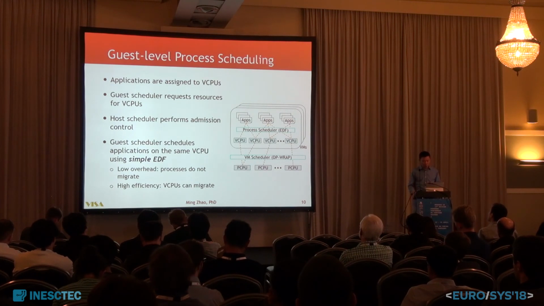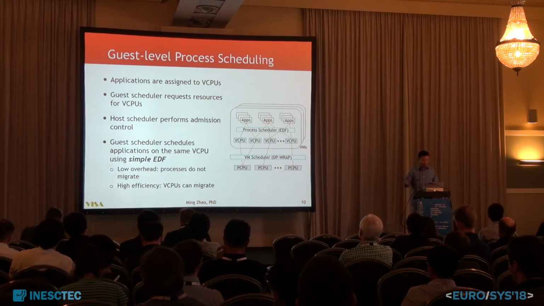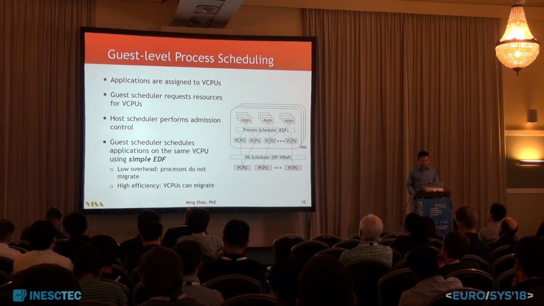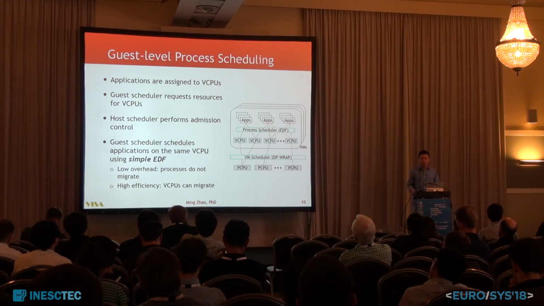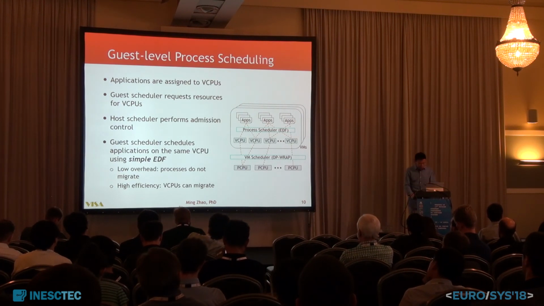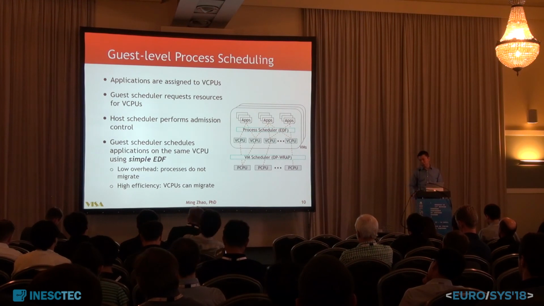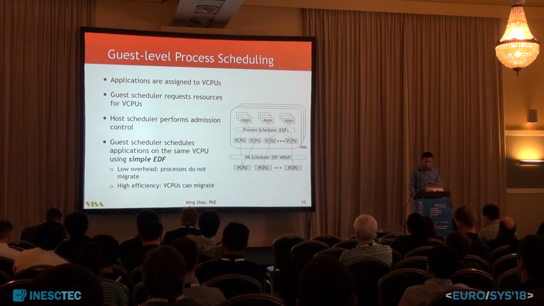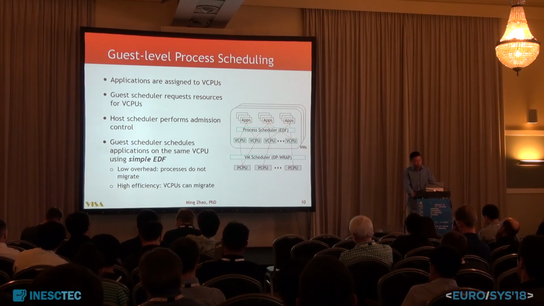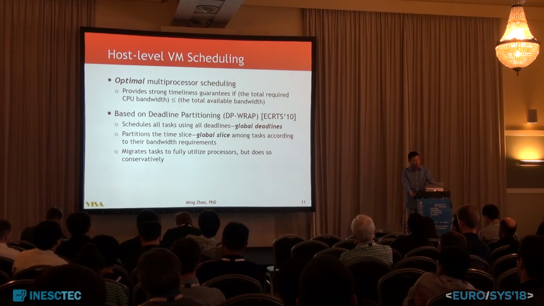So the processes are not allowed to migrate, and that is good for us because it makes it really easy to determine the bandwidth requirement of each vCPU. It also helps us avoid the overhead from process migration. But by doing this, we do not sacrifice resource efficiency because the vCPUs are allowed to migrate and map to different pCPUs. As a result, we can still achieve nearly full system utilization. That's the decision we made, and it worked out well for us.